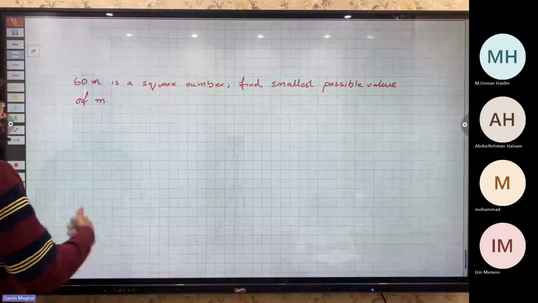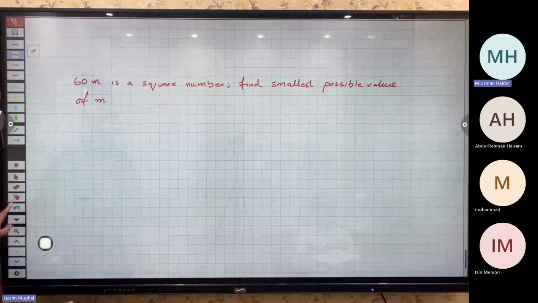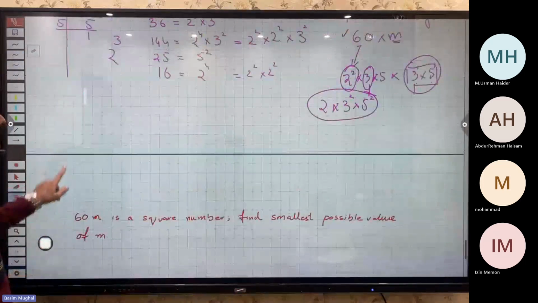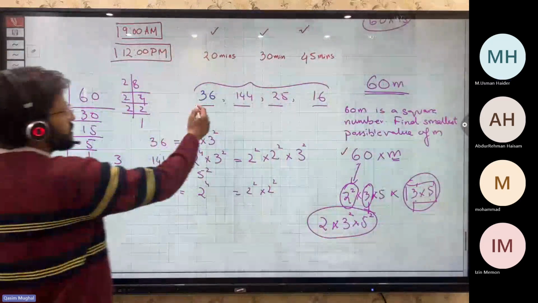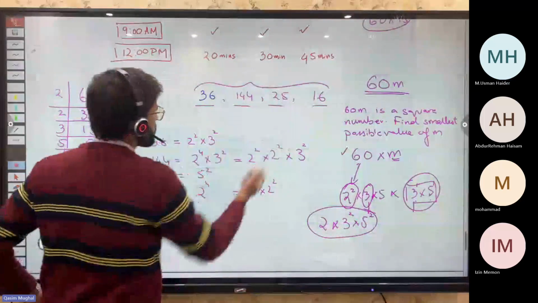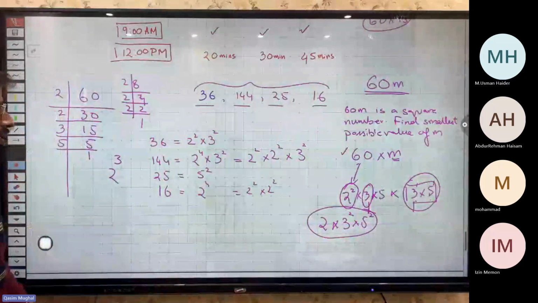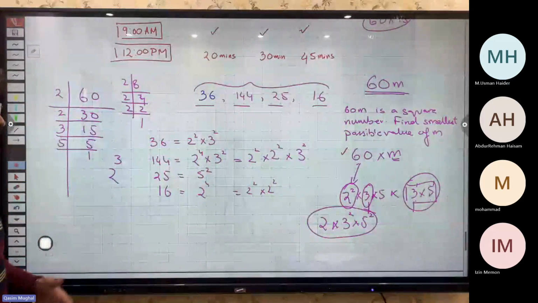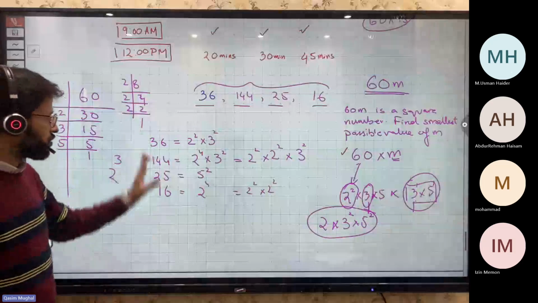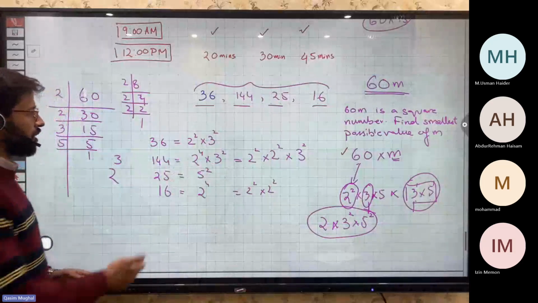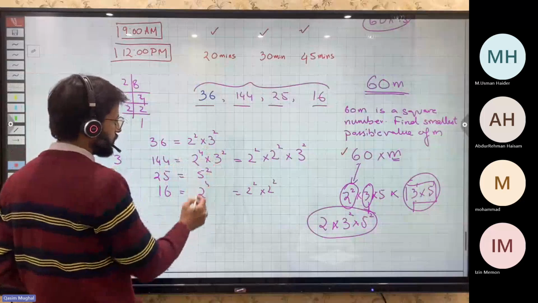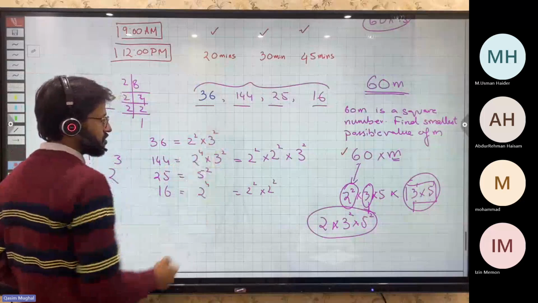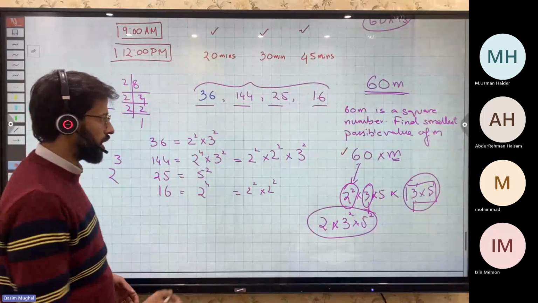Before we jump to the question, let me show you if it's still there. Yes, it is there. I gave a couple of numbers: 36, 144, 25, and 16. All these were square numbers, and I asked you to do the prime factorization for these. After prime factorization, I wanted you to notice that you will obtain a group of squares.